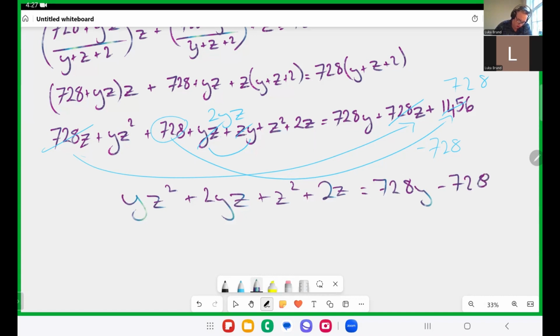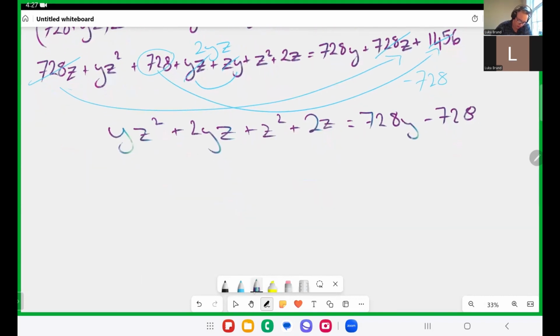Alright, I don't feel like I can do anything more with that right now, so I'm going to move my y's over to this side. It's negative 728y. And the z's I'm going to move to this side. Minus z squared minus 2z.